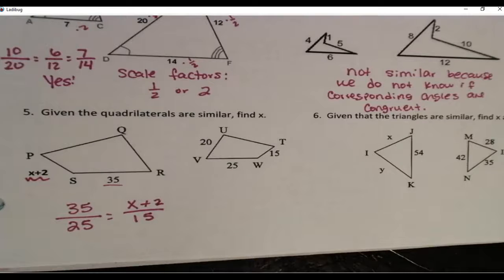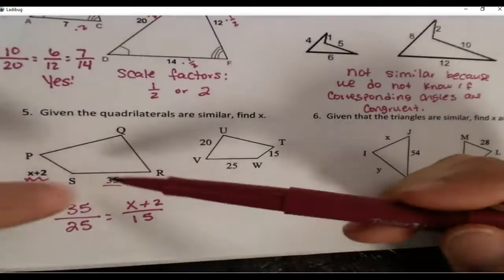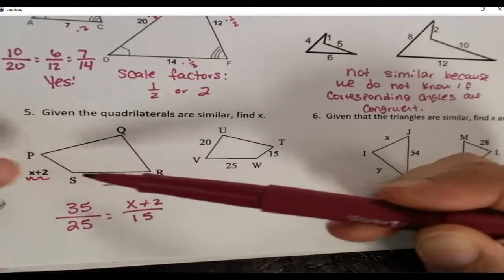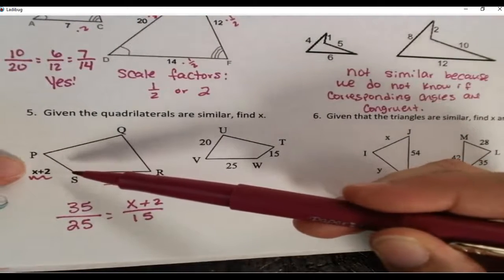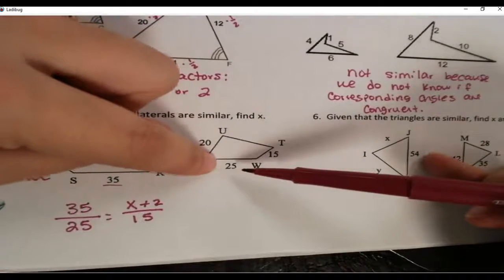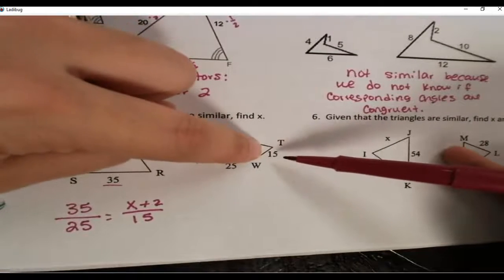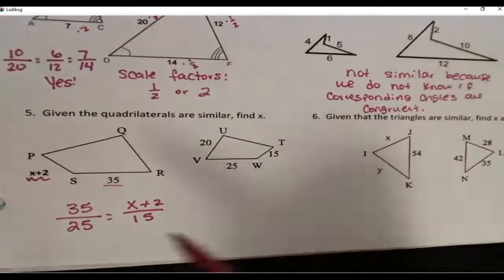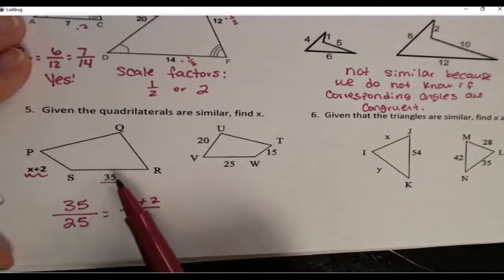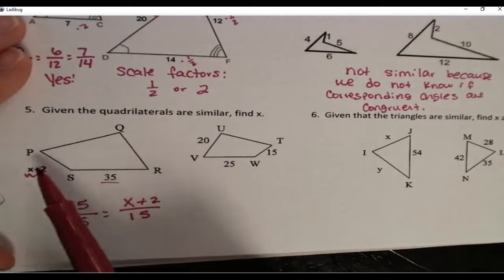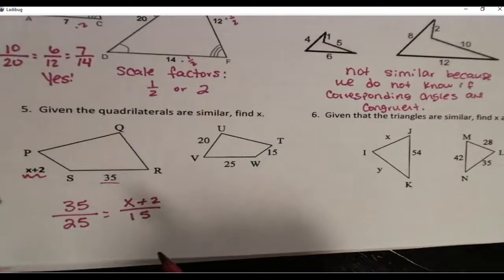But you have to make sure that you are matching. So since I started with the 35 on the top, I have to have the x plus 2 on the top, okay? But I could have said the 25 was on the top and then the 15 would have to be on the top. So whichever quadrilateral you start with in your numerator, you want that to be the numerator in the other equation as well. Okay.